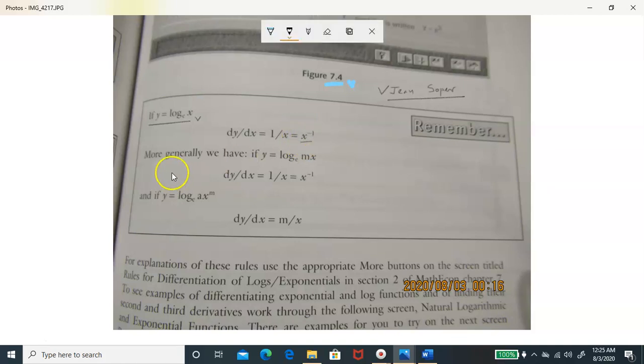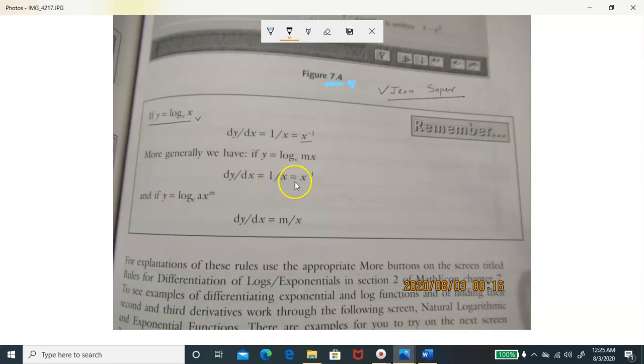See, now more generally, if we have y equal to log_e(mx), right? Please note that looks like c, but that is actually log. And then let us differentiate. If we do, it will be 1 over x, right?